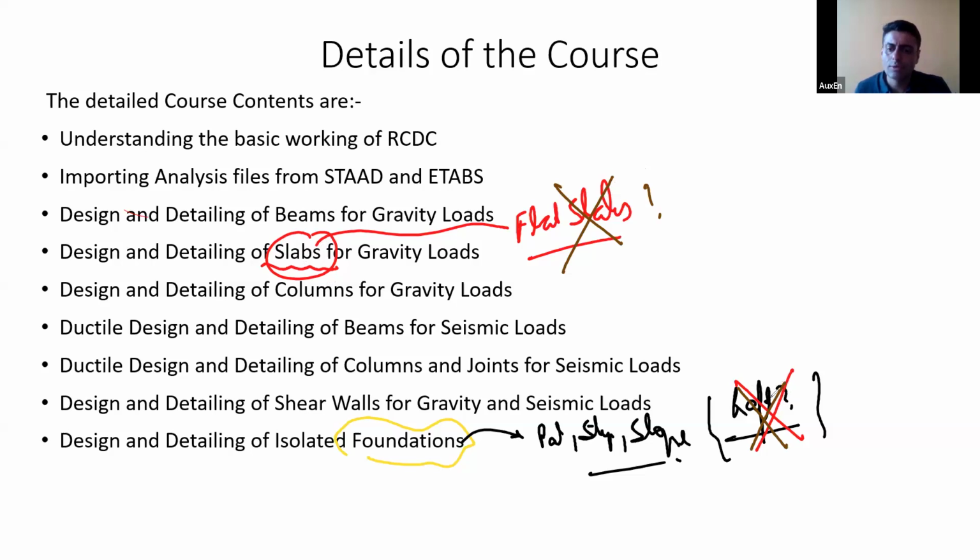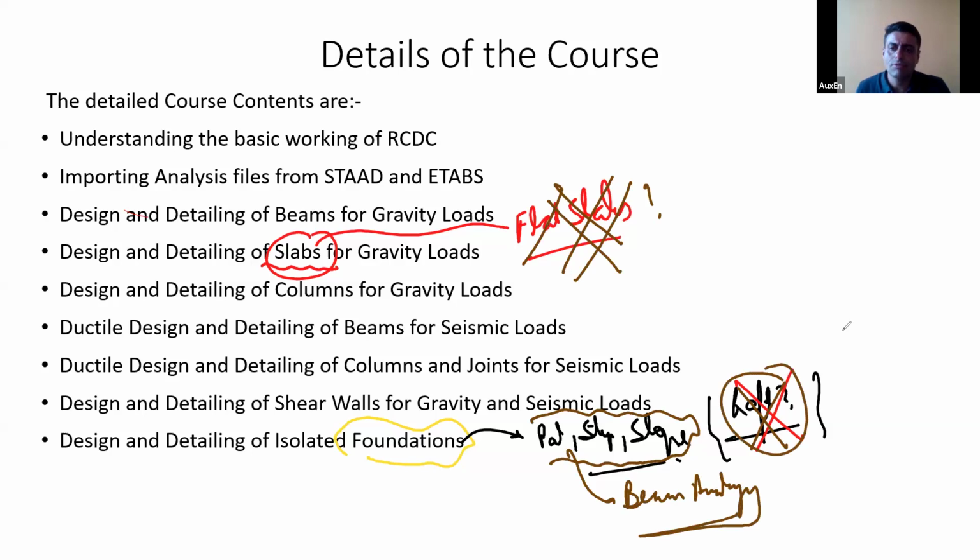So it only uses the coefficient method in case of normal two-way supported slabs, or it will use your simple element, it will only use your beam analogy method for the design of foundations also. So what I'm trying to tell you is that RCDC is unable to do these kinds of systems, flat slabs, rafts, etc.